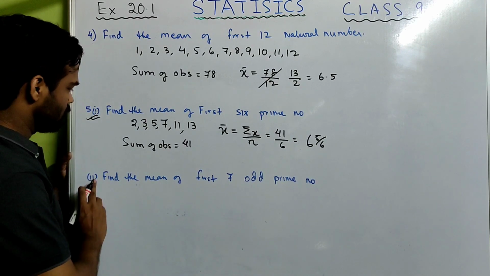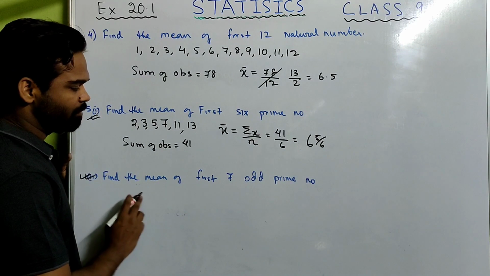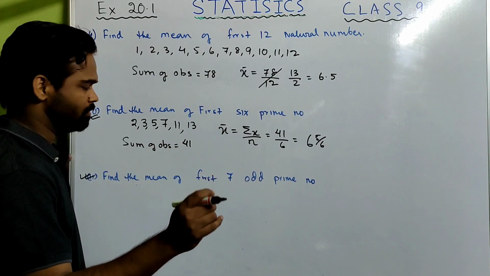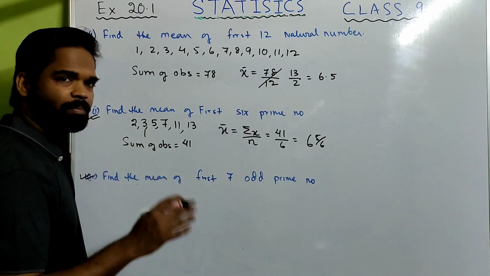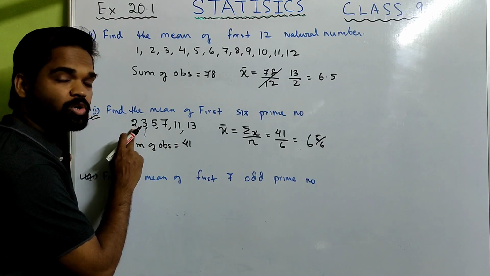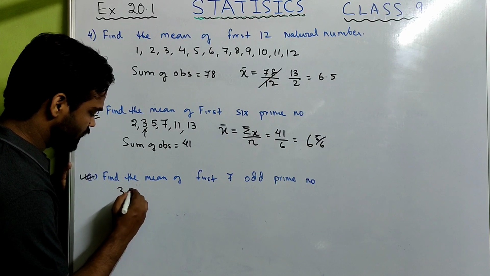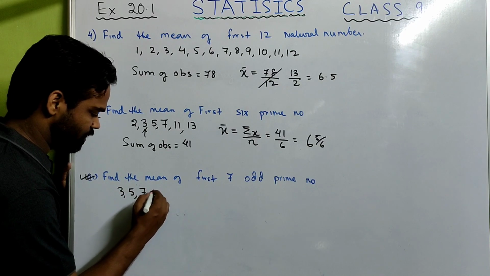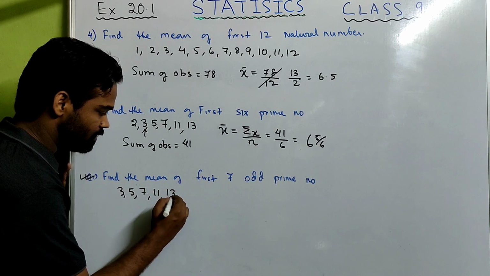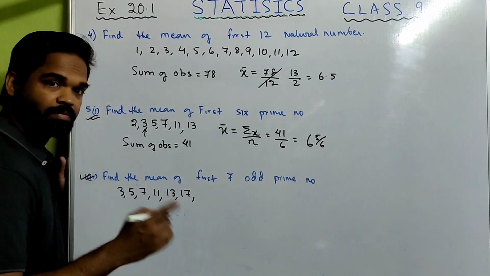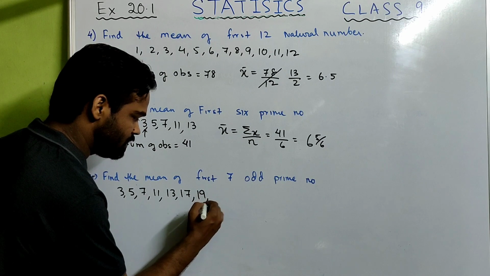Clear? Now look at this one. Find the mean of first 7 odd prime numbers. Now when we're talking about odd prime numbers, see, all the prime numbers are odd except 2. So we'll start with 3. So 3, 5, 7, 11, 13, then 17, then 19.